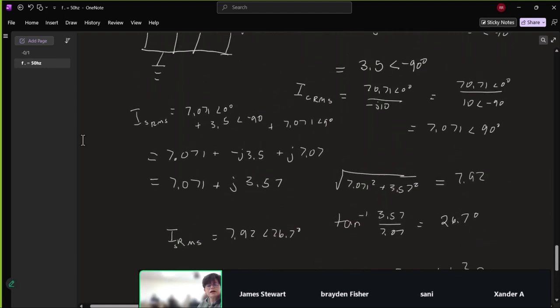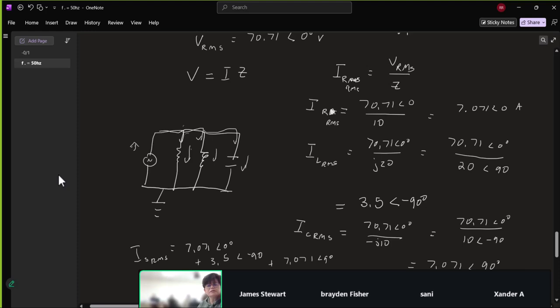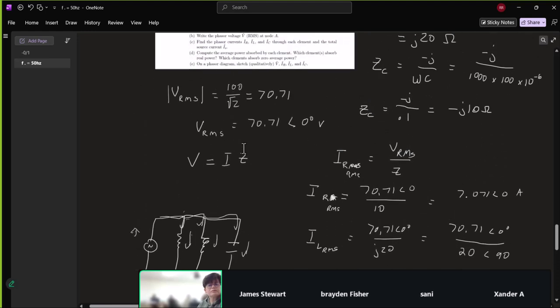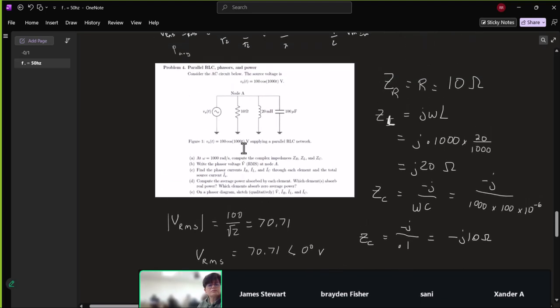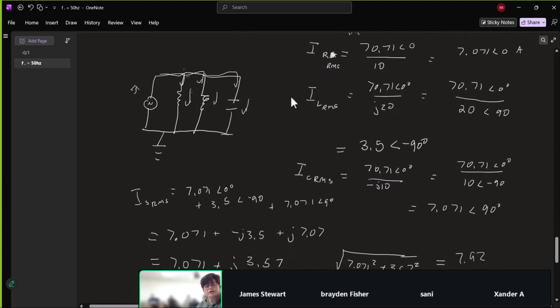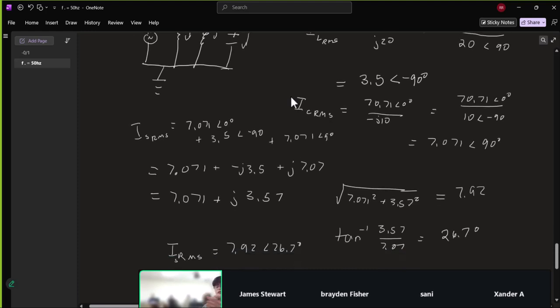And if we got the total, did we get the total impedance? Oh no, we didn't, because it's in parallel. I was trying to figure out where we had it, but it was in parallel, and we never computed the equivalent impedance.